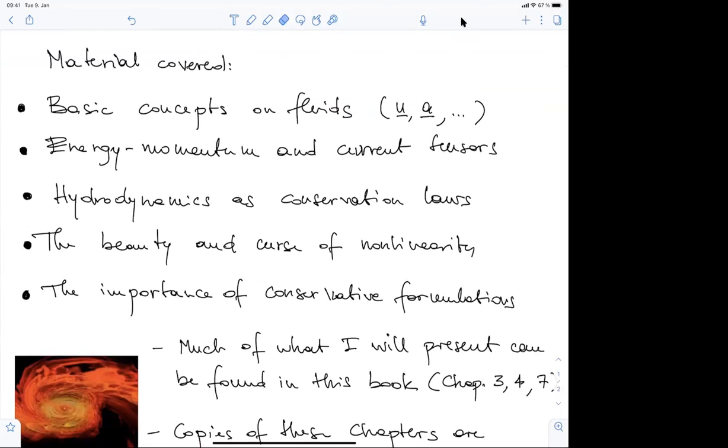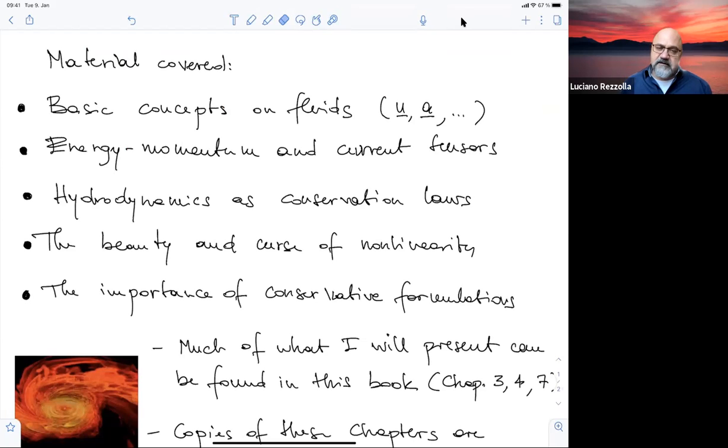I will first give you some basic concepts on fluids. I will not go into the very basics, but at least I will start distinguishing between dynamics and kinematics. I will then talk about two important tensors that enter into this picture, which are the energy momentum tensor and the current tensor.